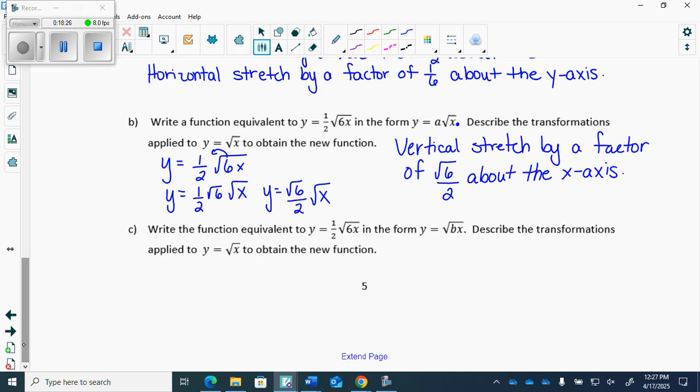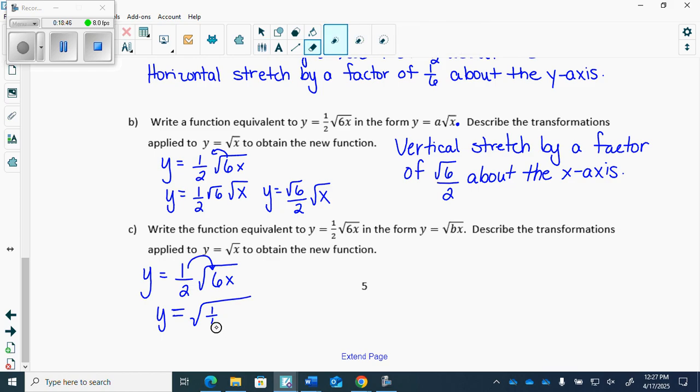And then write the function equivalent to that. So we're going to put it inside now. How do I bring the 1/2 inside? Square root it to bring it out. So what do I do to bring it in? Square it. What's 1/2 squared? 1/4. And I wrote 6. Good job. 1/4 times 6x, which gives me 6 over 4.